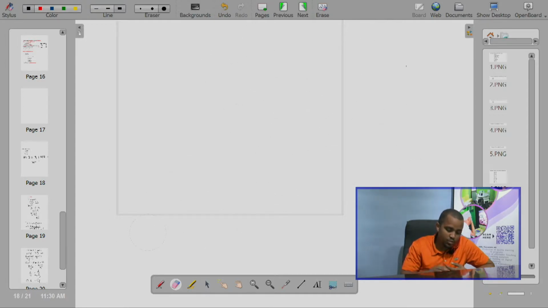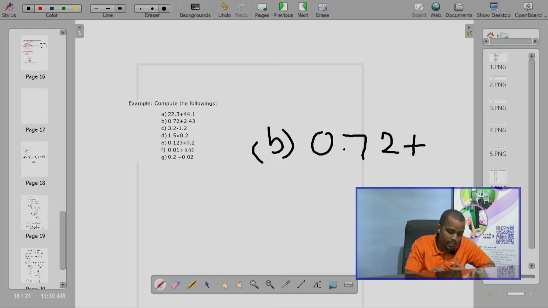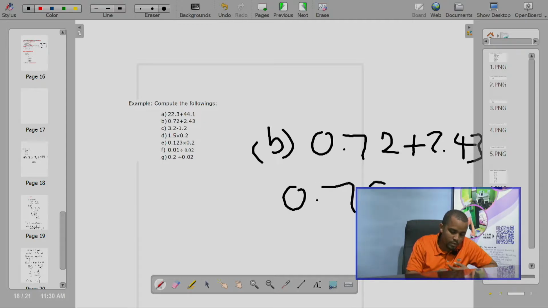So now let's move to Roman B, which requires us to add 0.72 and 2.43. We'll use the same method.